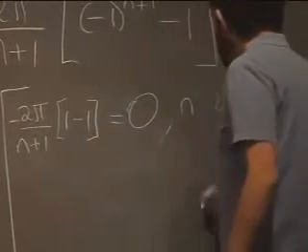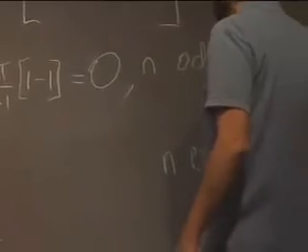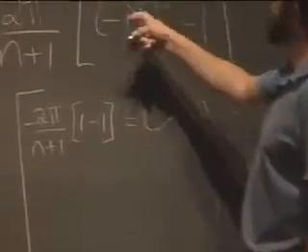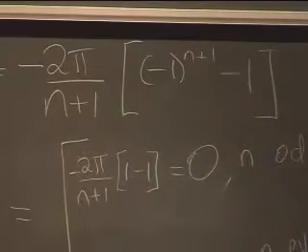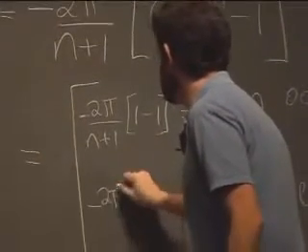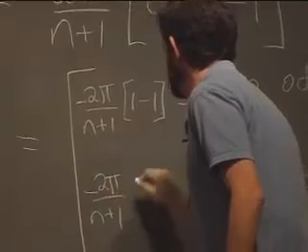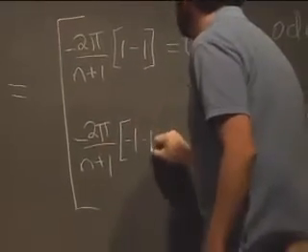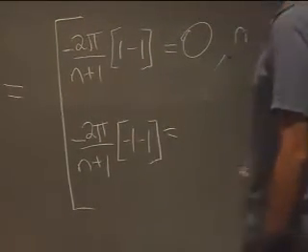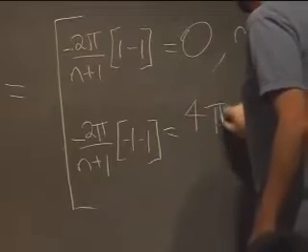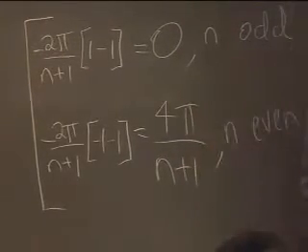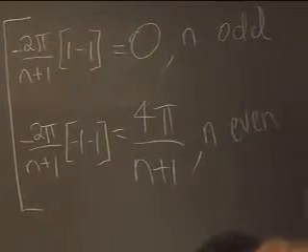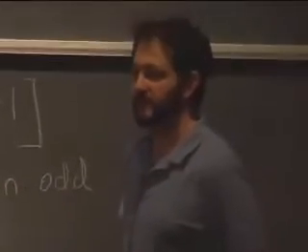Whereas if n is even, then this equals minus 1 to an odd power, which is minus 1. So the whole thing is minus 2 pi over n plus 1 times minus 1 minus 1, which can also be written as 4 pi over n plus 1 if n is even. So that's a much more tidy way to write down the answer. Okay, question?